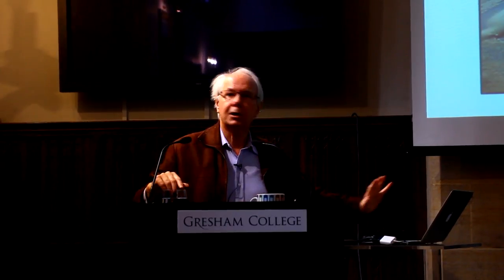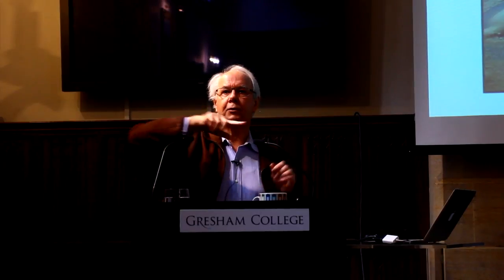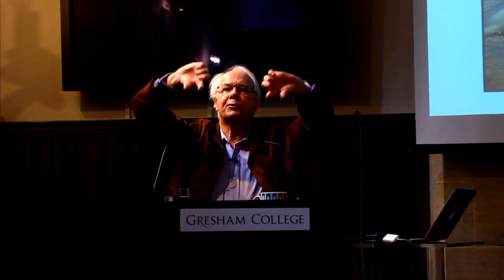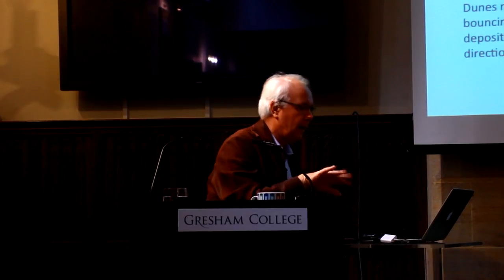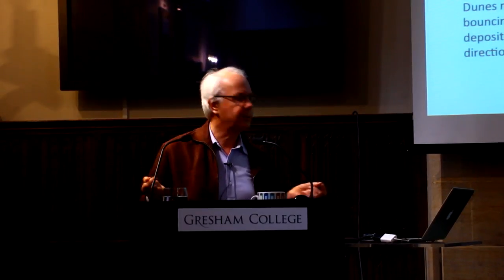So if the crescent is shaped this way, the wind's blowing that way. So the arms of the crescent are kind of being pushed along. And in fact, the entire dune moves. So as the wind blows over the top, this is the standard way all sand dune patterns form.